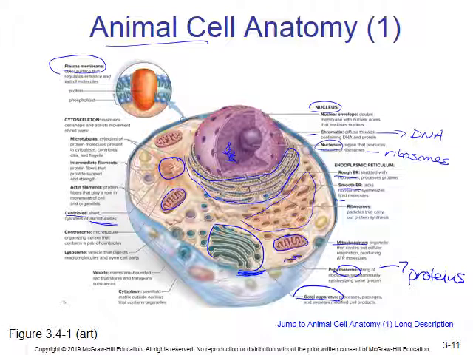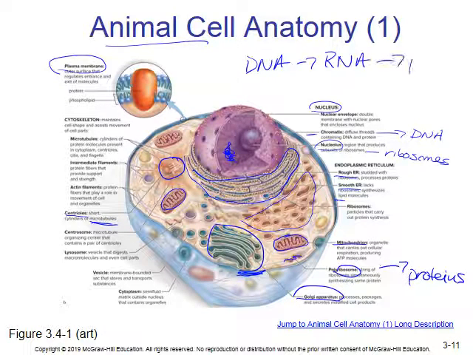So I would go through this image, make sure that I can identify structure and have some idea of what's happening. Something nice to notice is here's the DNA, right? What's our flow of information? DNA to RNA, and then with the help of ribosomes, we're going to make proteins. And then we're going to ship those proteins somewhere in the body. So here's my DNA.